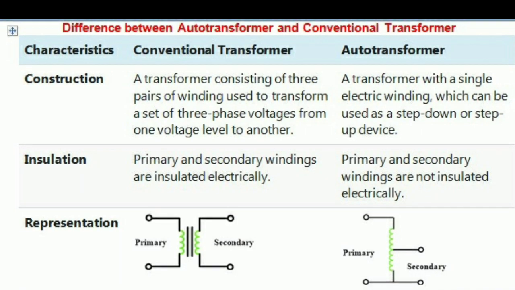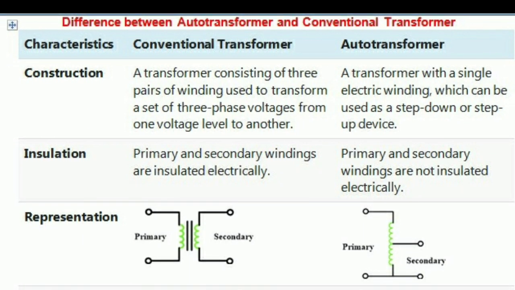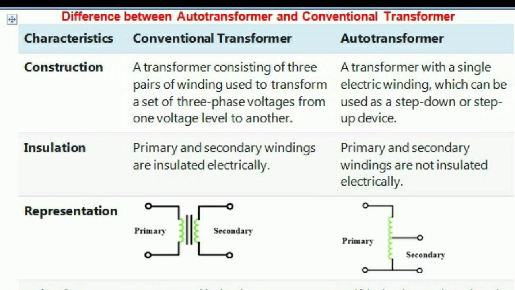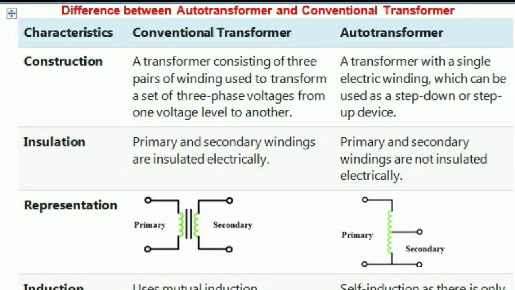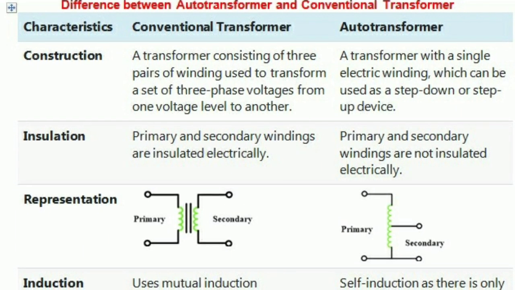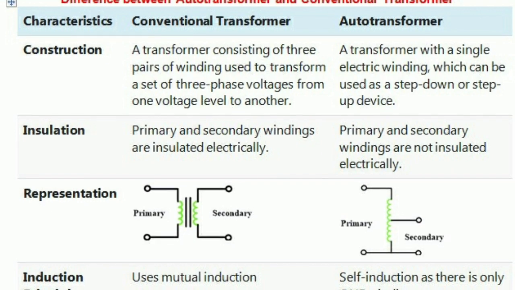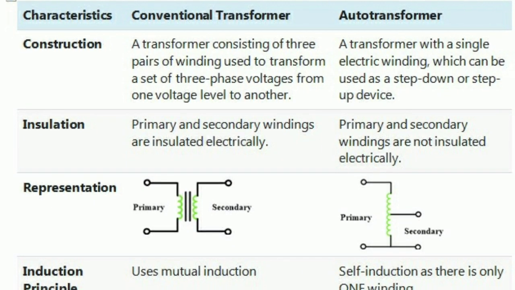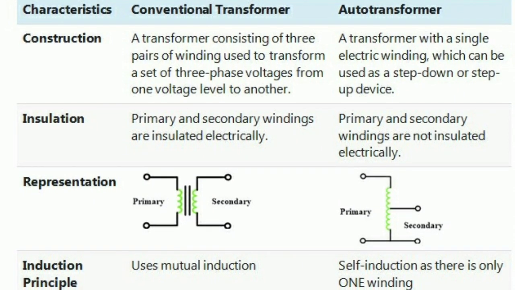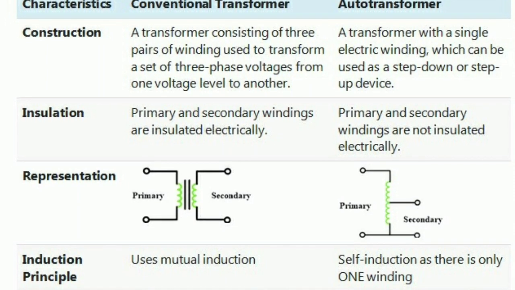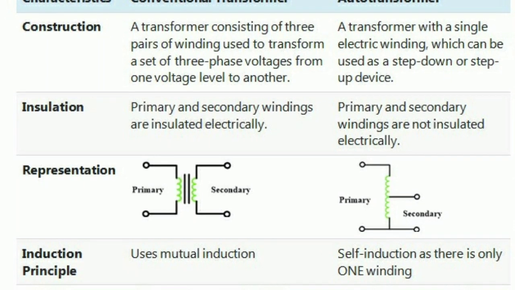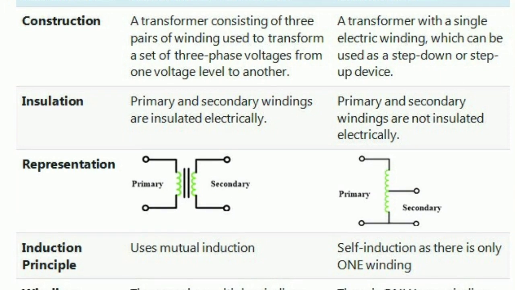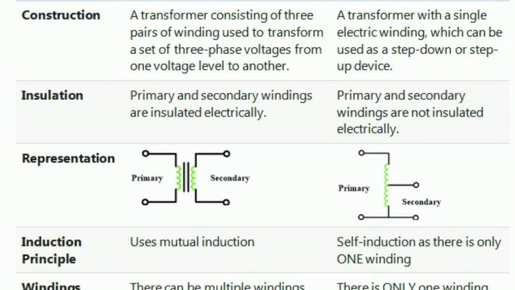Okay, coming to the difference between ordinary and auto winding transformer, from the construction point of view, if the supply is 3 phase, then a general transformer consists of 3 windings, whereas for an auto transformer only one electrical winding is sufficient. And from the insulation point of view, primary and secondary windings are insulated in a two winding transformer, whereas in the auto transformer both are not insulated.